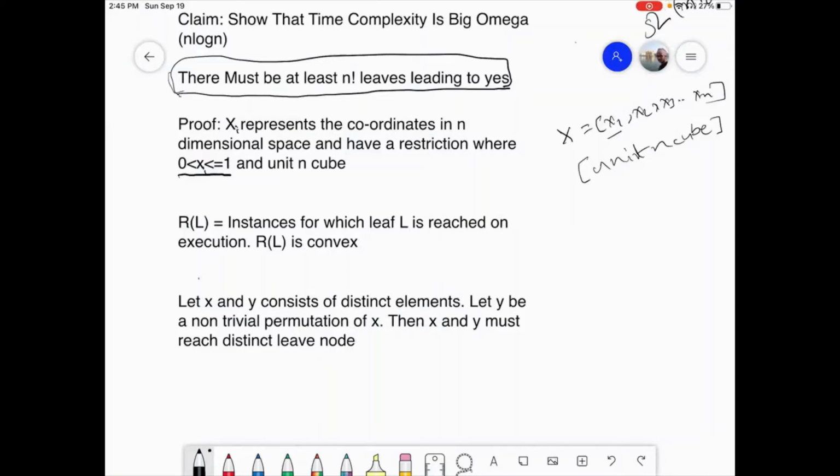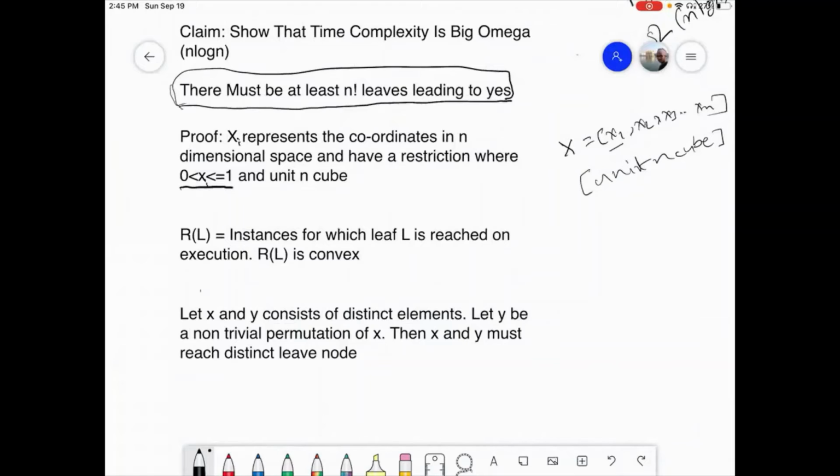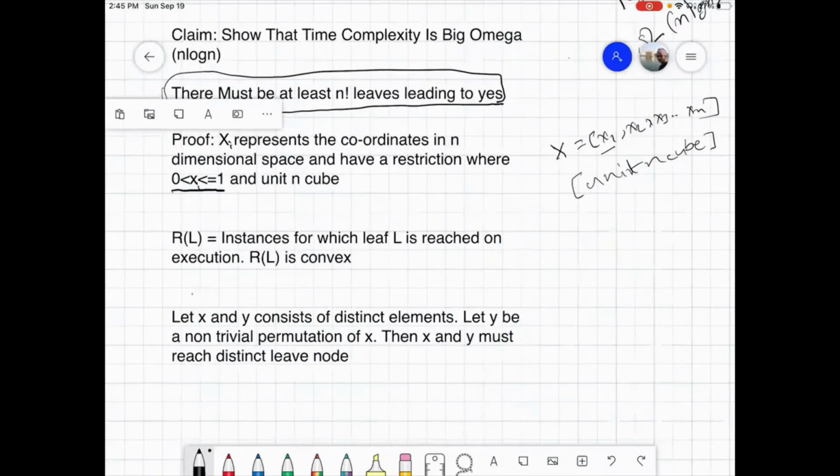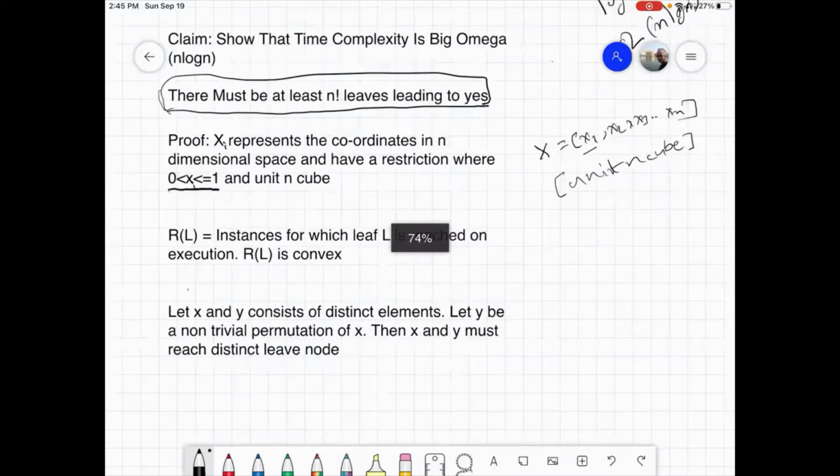We are just assuming this to make things simple. If the proof is valid under this restriction, then it is going to be valid even if we don't consider this restriction.